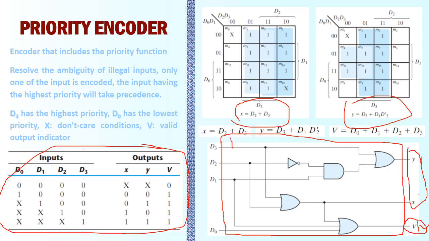Obviously, when D3 is 1, whatsoever the values of D0 to D2 are, the encoded information will be 1 1, indicating that D3 has got the highest priority. So this circuitry is called the priority encoder because it takes into consideration all possible combinations of the input variables of the encoder.